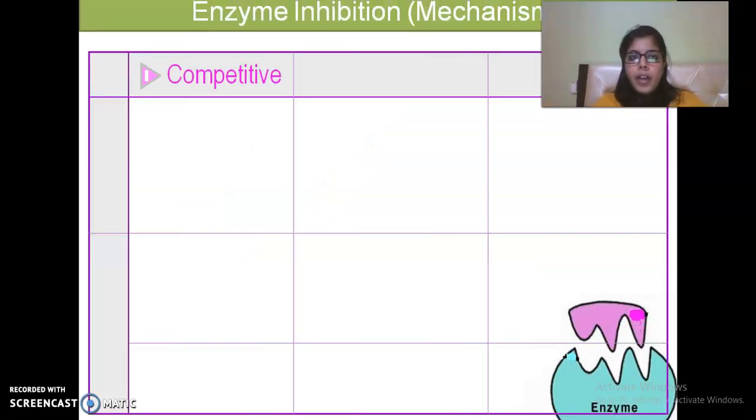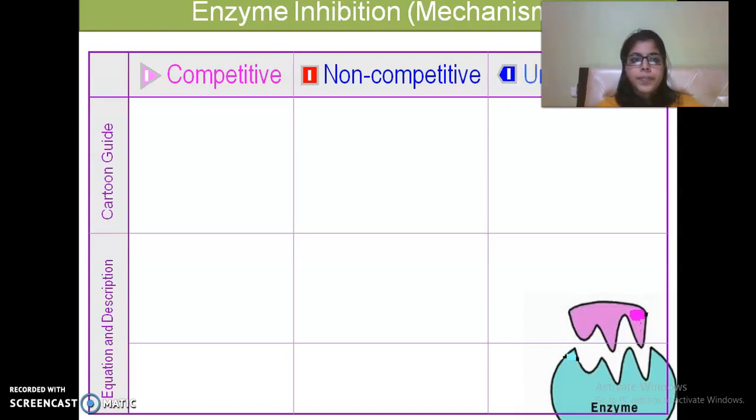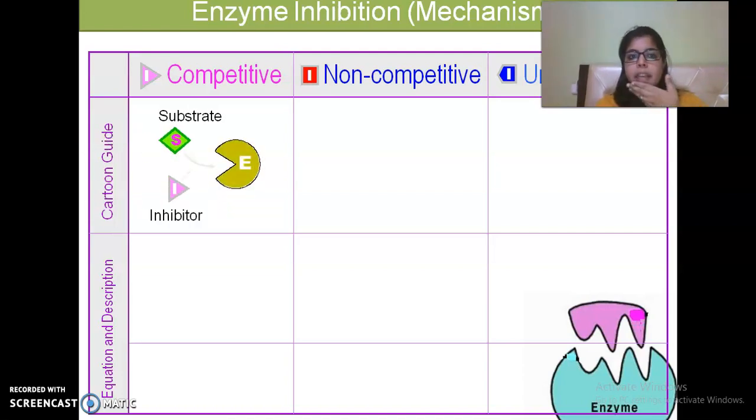So we'll have at a glance a comparison of all: competitive, non-competitive and uncompetitive inhibition. We have such a nice presentation of this. In competitive inhibition, we have an enzyme and a substrate and an inhibitor. They both have the same shape and they compete with each other and mimic each other for one active site, correct?